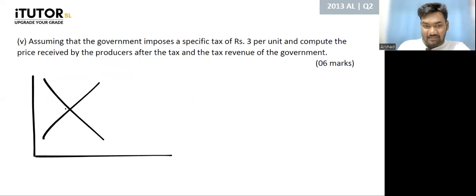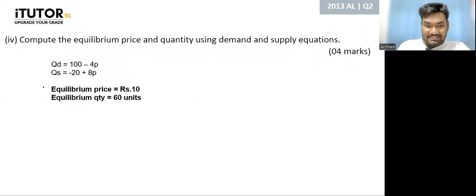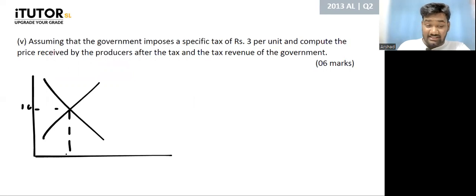Based on demand and supply, we have an equilibrium price and quantity. How much is that? Price is 10. Quantity is 60. And now what is happening? Government is coming to the middle and imposing a tax of 3 rupees. Guess what happens to the supply curve then? When there is a tax of 3 rupees, the supply curve will shift to the left. Right. So this is the new supply curve, S plus T.